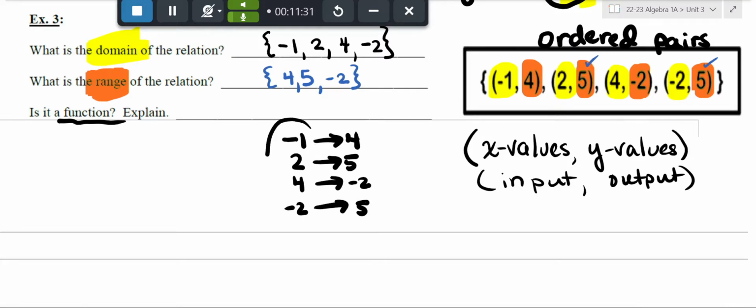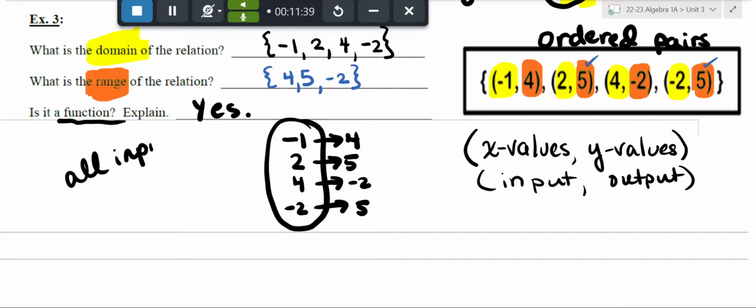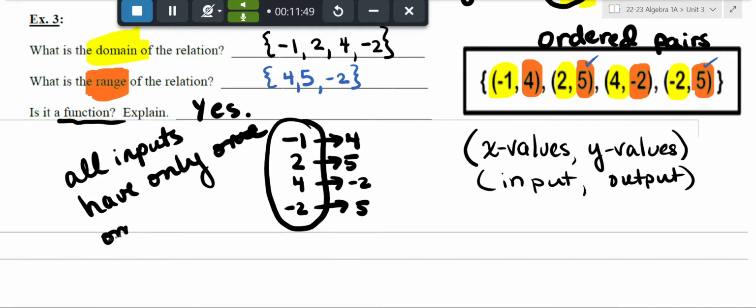So you'll notice that every single input has only one mapping. So yes, it is a function. All inputs have only one mapping.